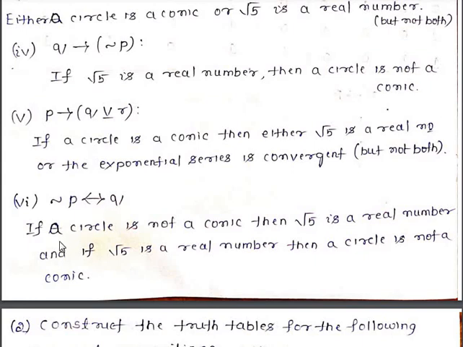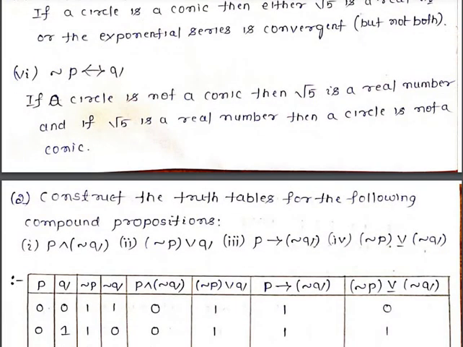So if a circle is not a conic, for negation P, then square root of 5 is a real number, and if square root of 5 is a real number, then a circle is not a conic. If negation P then Q, if Q then negation P. That is what our definition says. Next problem.